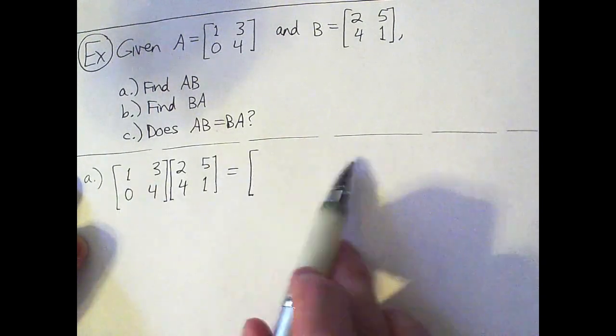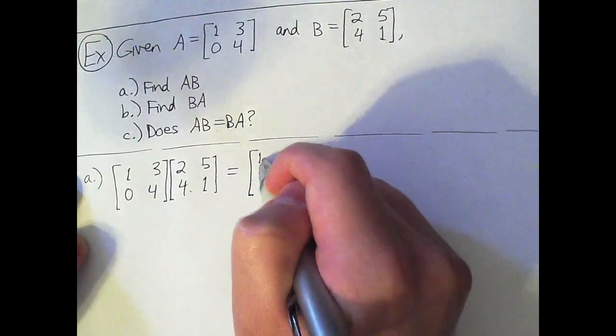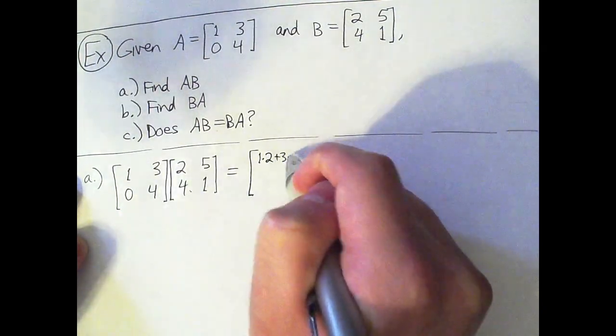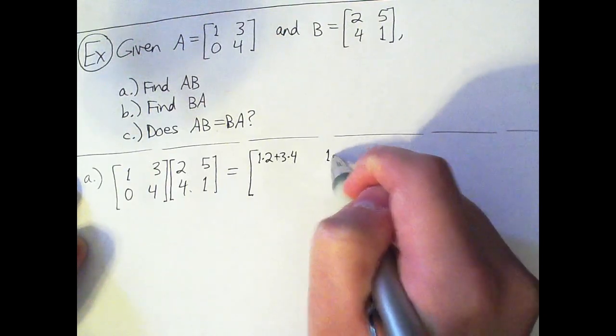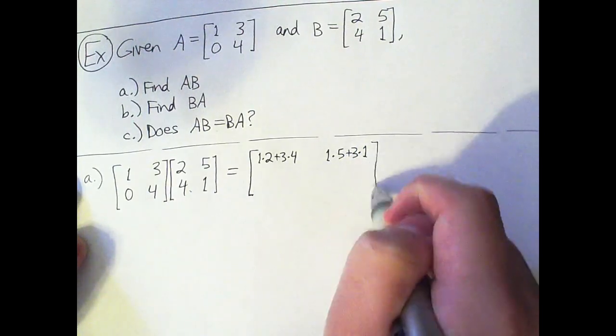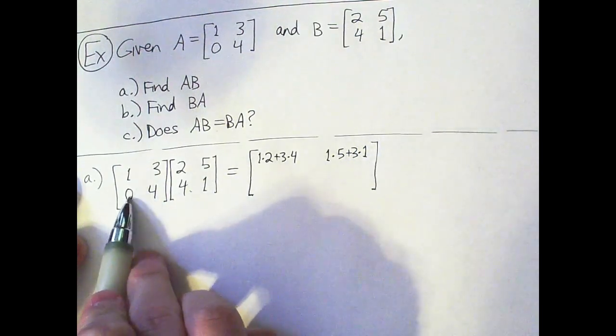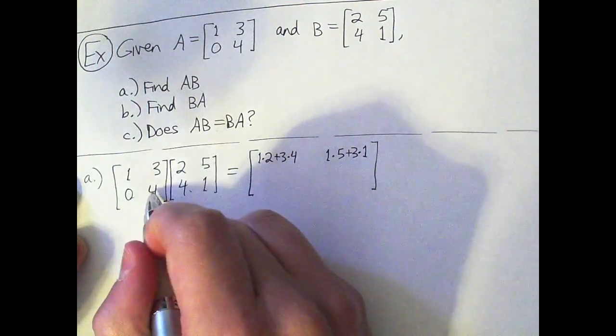Let's see, row 1, column 1, I'm going to do 1 times 2 plus 3 times 4. Next entry is going to be 1 times 5 plus 3 times 1. Down here, 0 times 2 plus 4 times 4.